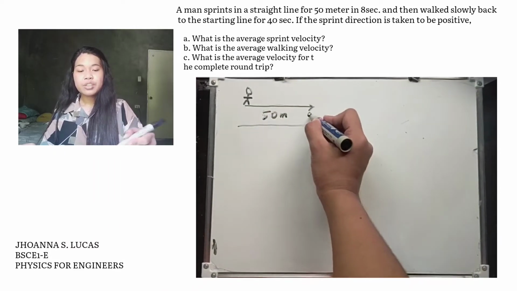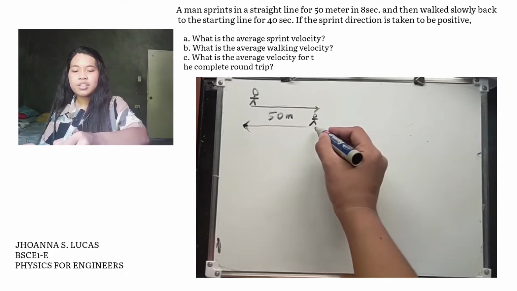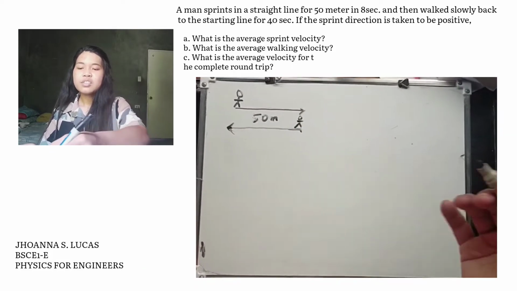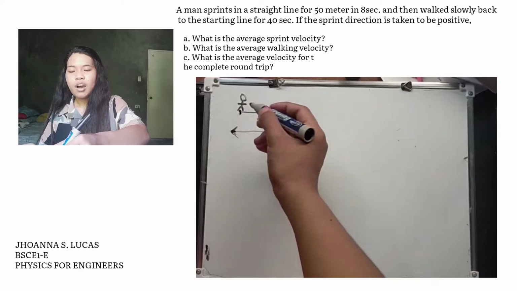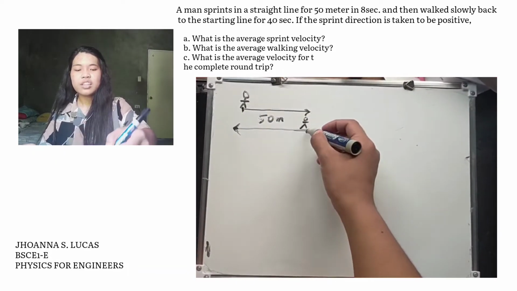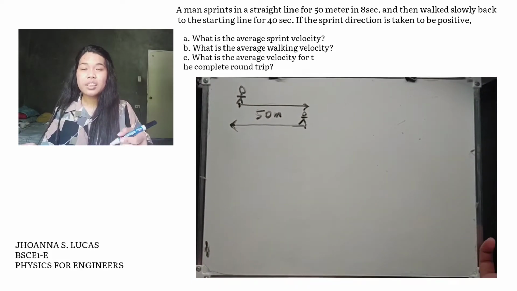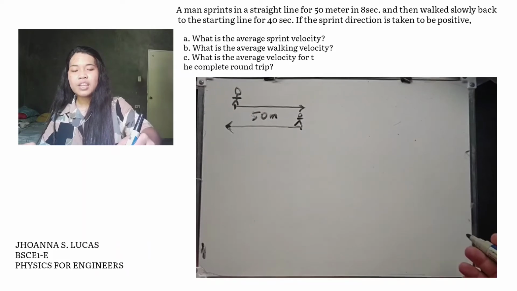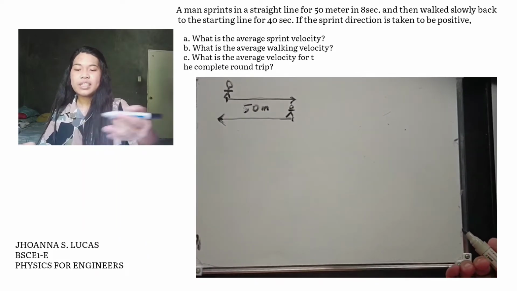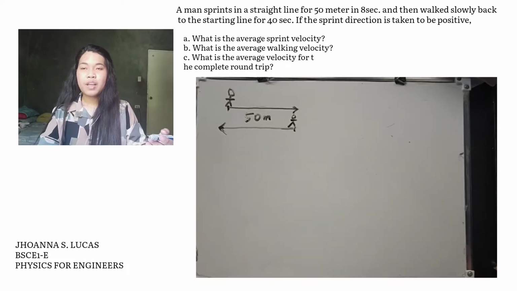Then the man returns to the starting line. Since he starts here, this will be our origin, and this is the end of 50 meters. This visualizes our problem, so it is easy for us to solve.